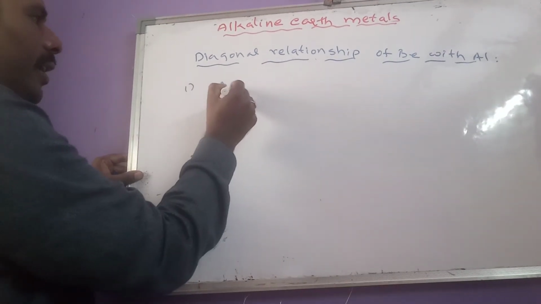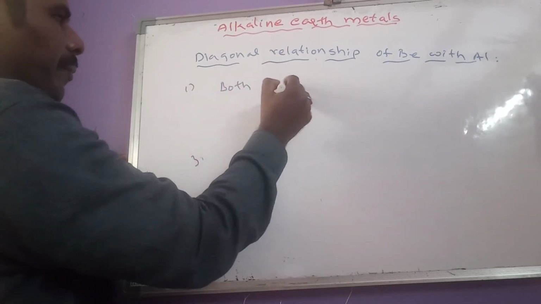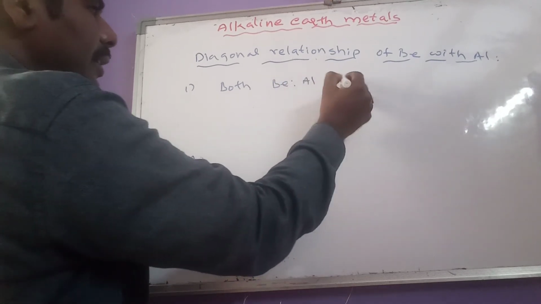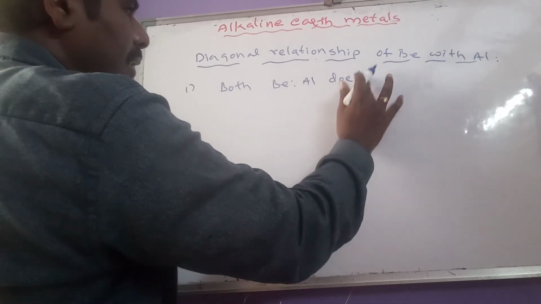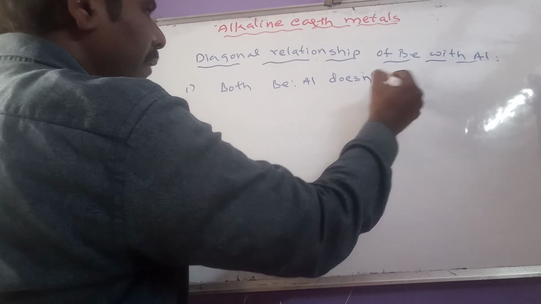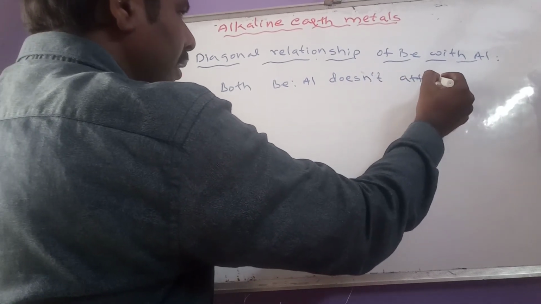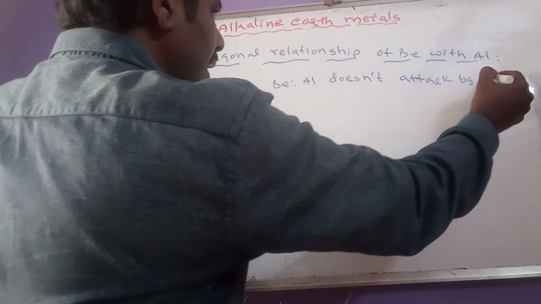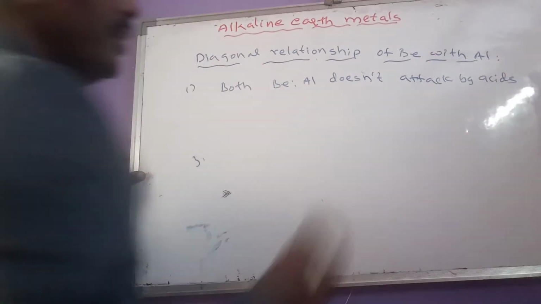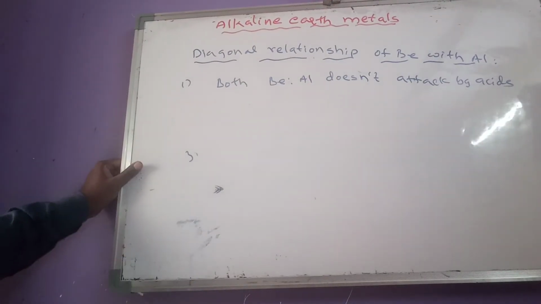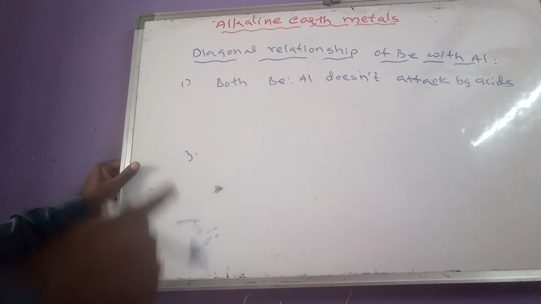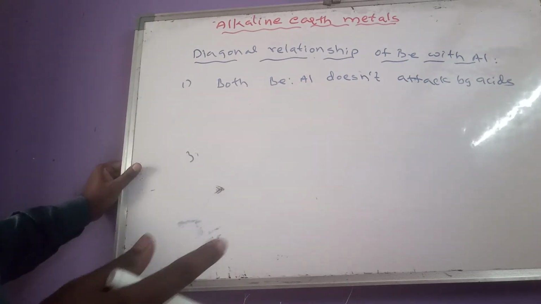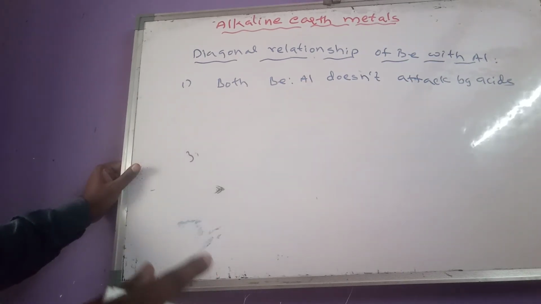Both beryllium and aluminium are not attacked by acids. Due to the presence of a protective oxide layer, both of them are not attacked by acids.